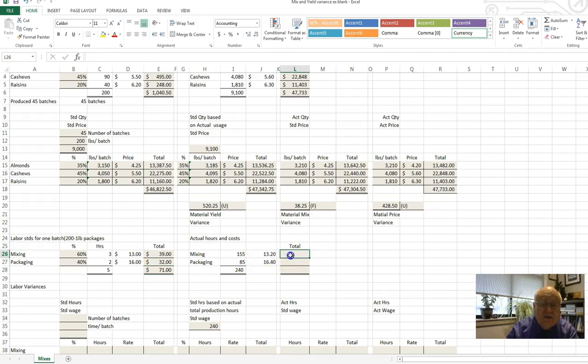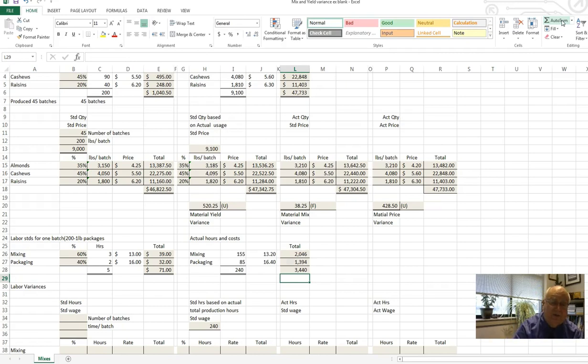Then over here is what we actually used in hours, or total hours. We actually used 155 times 1320 and 85 times 1640 for a total of 3440. Okay, that's what we actually did use.